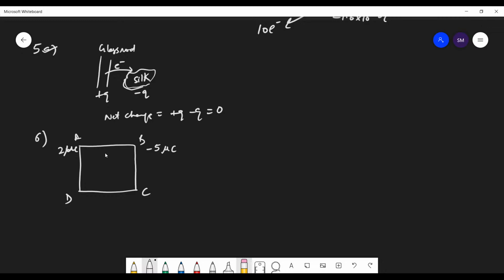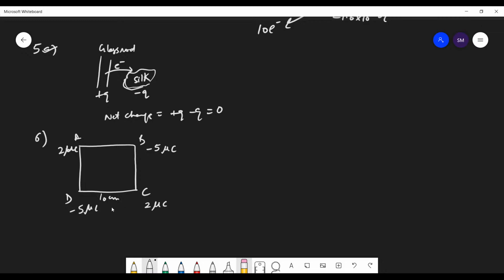So A, B, and then at C it's 2, and then again at D it is minus 5. So the charges are located with the side being 10 centimeter.